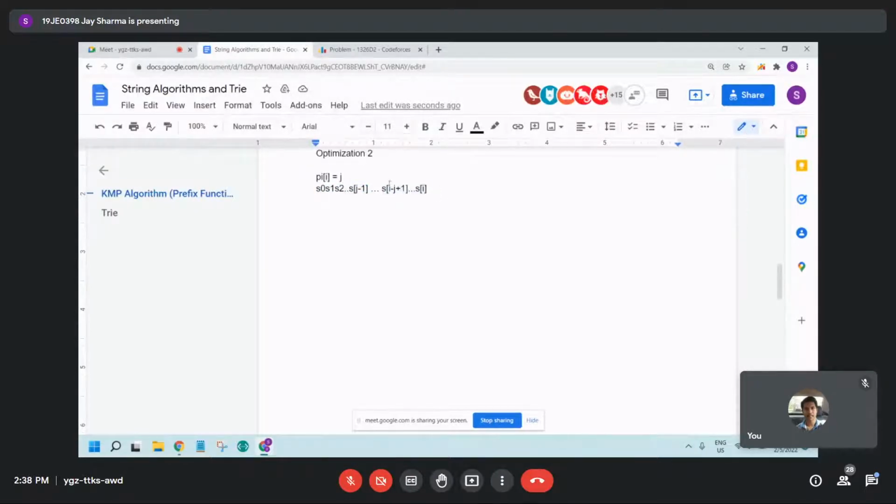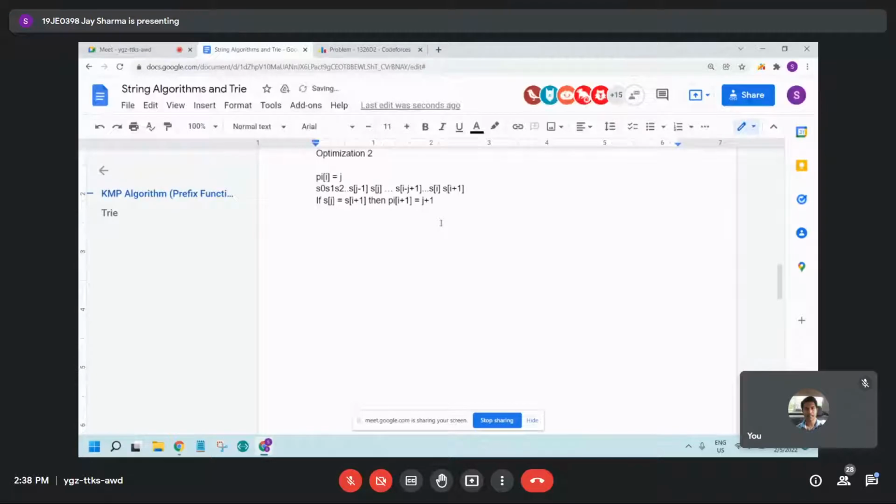Okay, and we know that if s of j matches with s of i plus 1, let me just write it. If s of j equals s of i plus 1, we can say that pi of i plus 1 equals j plus 1. Okay, this has already been discussed in the first optimization.